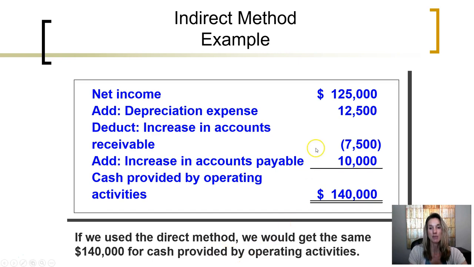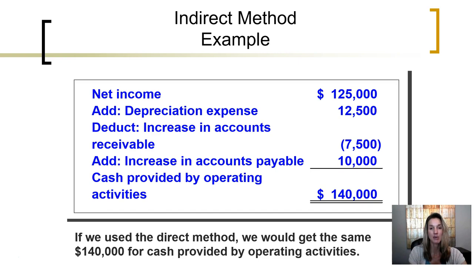The final step is to take net income, add and subtract the adjustments to get to the cash provided by operating activities. After we added and subtracted all of these adjustments, we were left with a positive number.